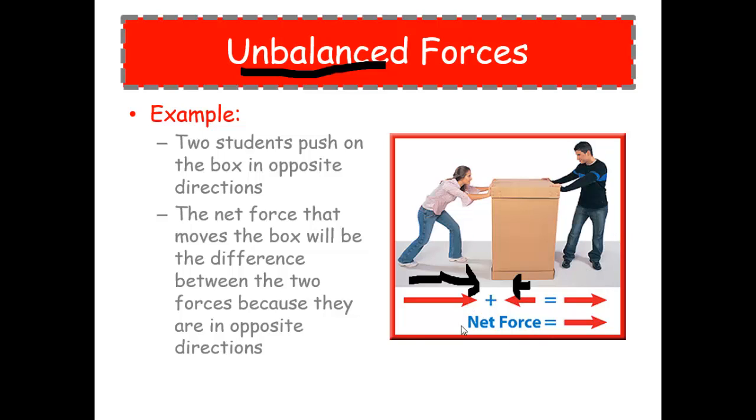So when you add those arrows together, you get an overall net force in this direction. That's going to cause the box to move this way. So you get movement of the box, which means you have a net force, or an unbalanced force, which is going to cause the box to move. Those are two examples of unbalanced forces.